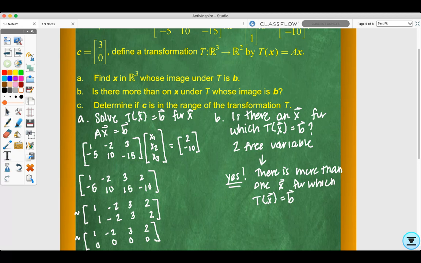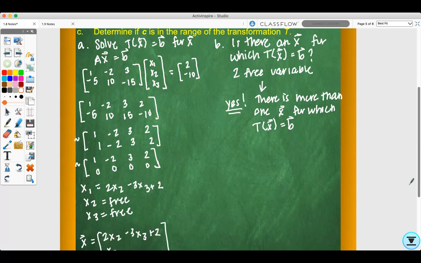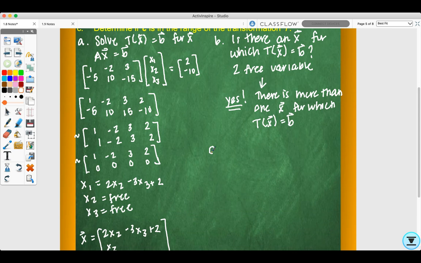And then C, determine if c is in the range of the transformation T. So this is talking about an existence problem. Is there an x for which the transformation of x equals c? So is our matrix consistent?